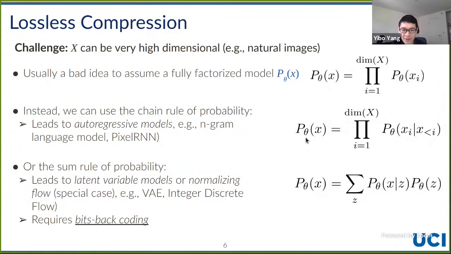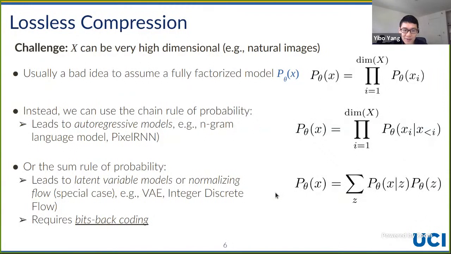Another way you can tackle this problem is to use the sum rule of probability and express the source or the data distribution as a marginal distribution. We marginalize over some latent space. And this leads to another class of models called latent variable models, with the normalizing flow being a special case.